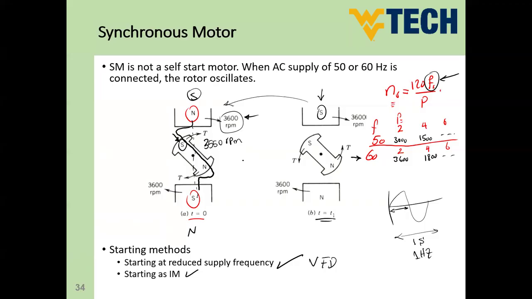In this case, if we supplied our machine here with the AC, but don't connect the supply to the field winding, you would have no polarity. It's going to be just a piece of iron.